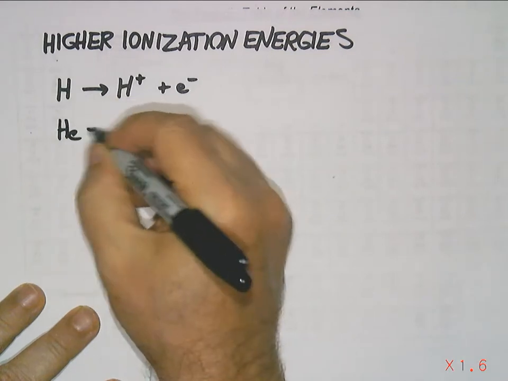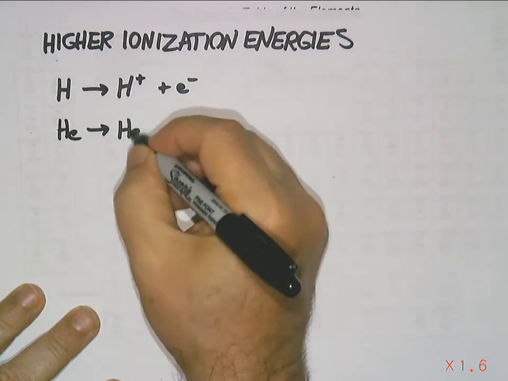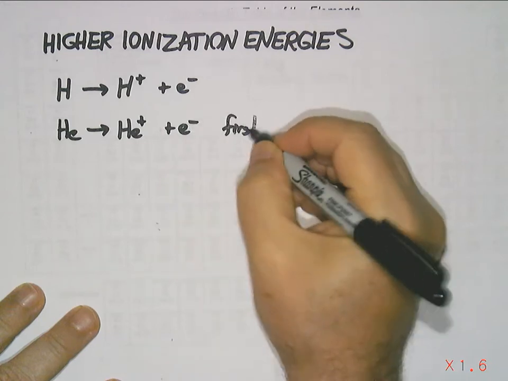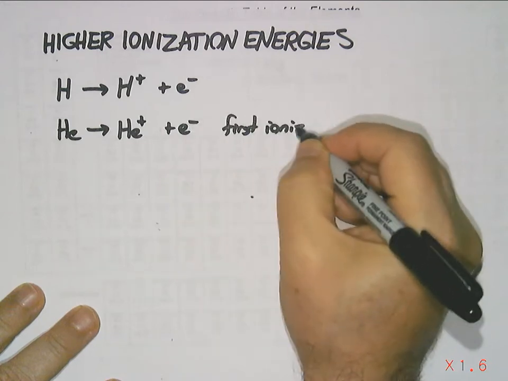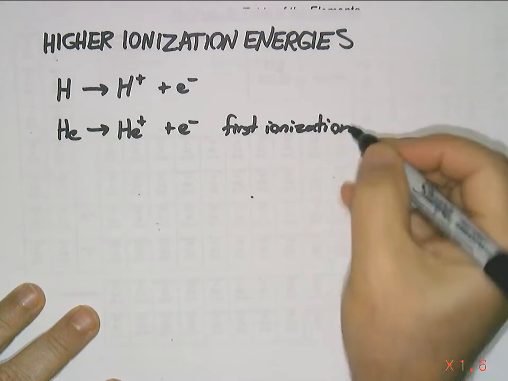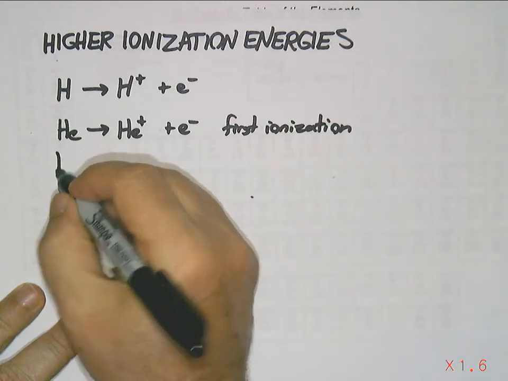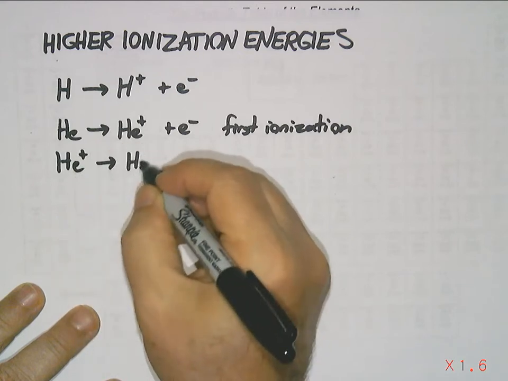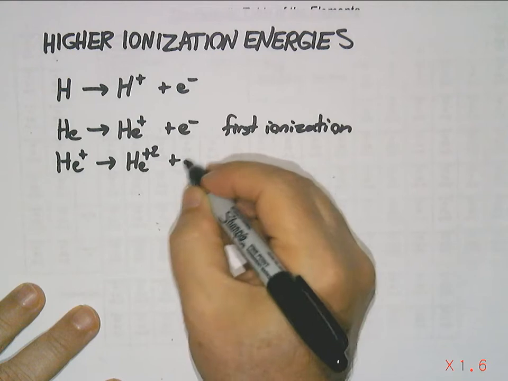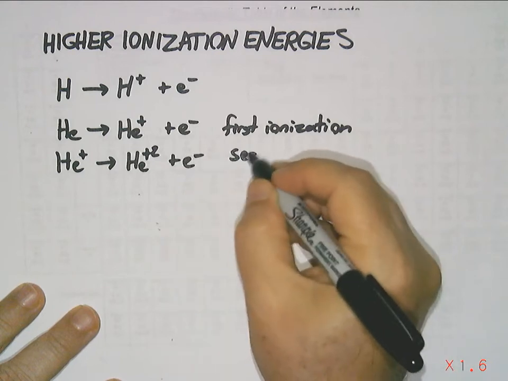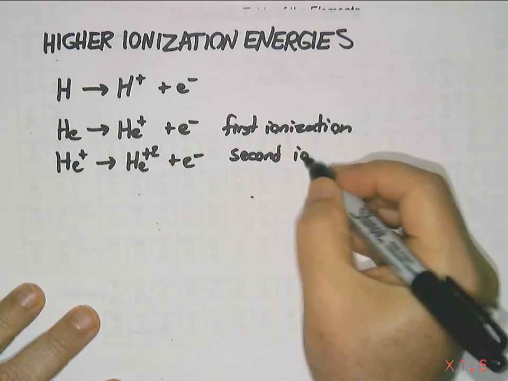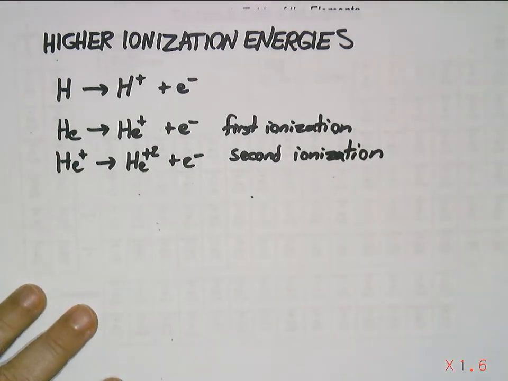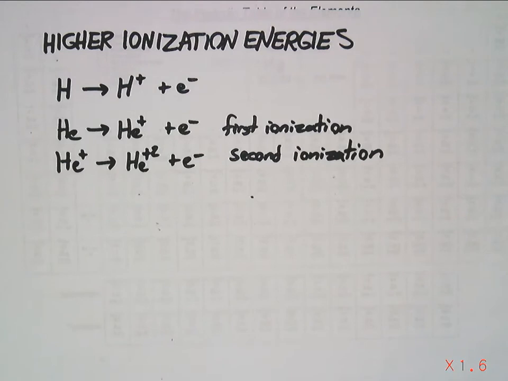So for helium, you can do a first ionization. And you can do a second ionization then, to take the second electron off. Now, which one's going to be a bigger number?